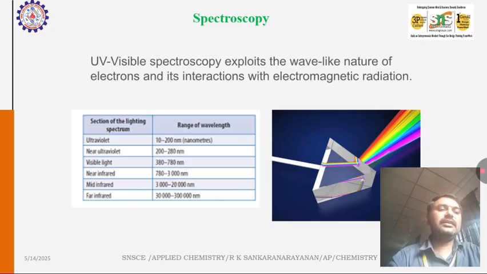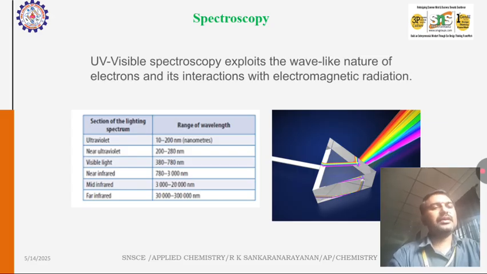These are the light which come from the sources, which may be electromagnetic radiation or photoelectric effect. We can split them into these categories. In spectroscopy we will use only the UV visible regions.